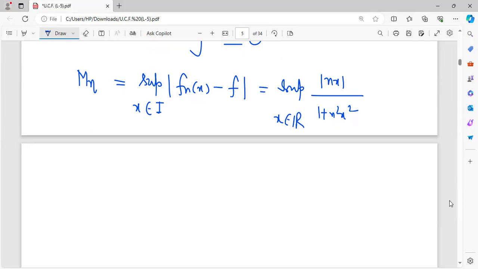Here n is fixed. I am taking a fixed n, and I am considering the function g(x) equal to nx upon 1 plus n square x square.